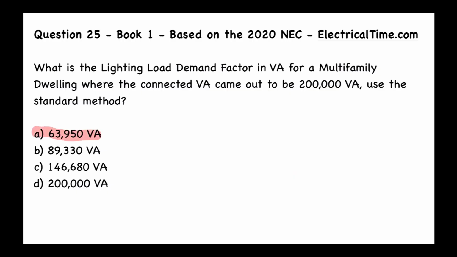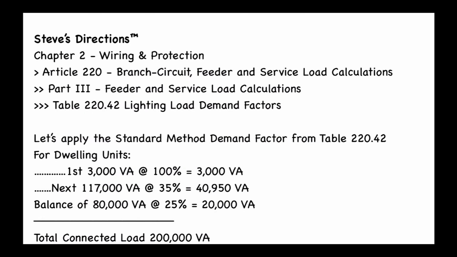The answer is A, and that's going to be 63,950 VA. So the first question we are going to ask ourselves is, what article are we talking about to do this load calculation? And that is going to be Article 220, called branch-circuit feeder and service load calculations, within Chapter 2, wiring and protection.